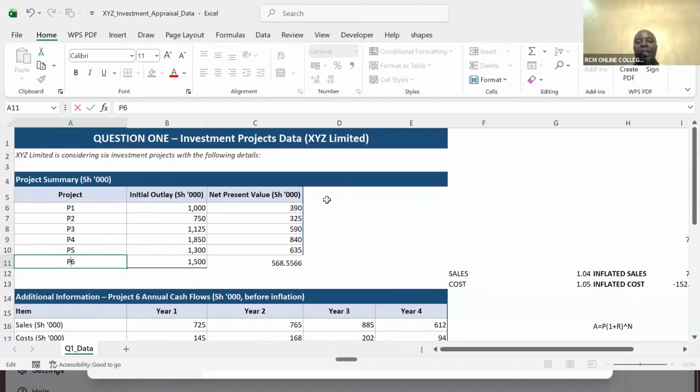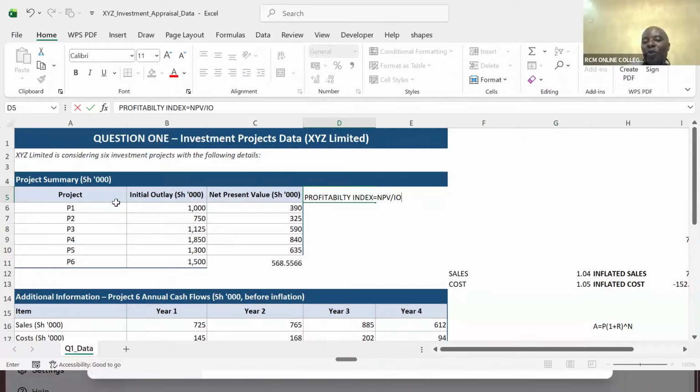Then come here and create a column for profitability index. How do we get this profitability index? It's very easy. The easier one, because I have it already, is NPV. You take NPV and divide by initial outlay, because already we have these NPVs.